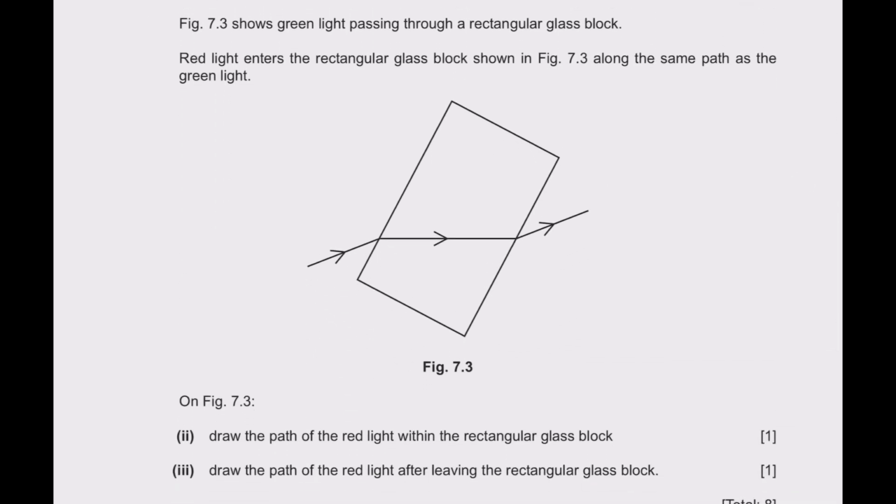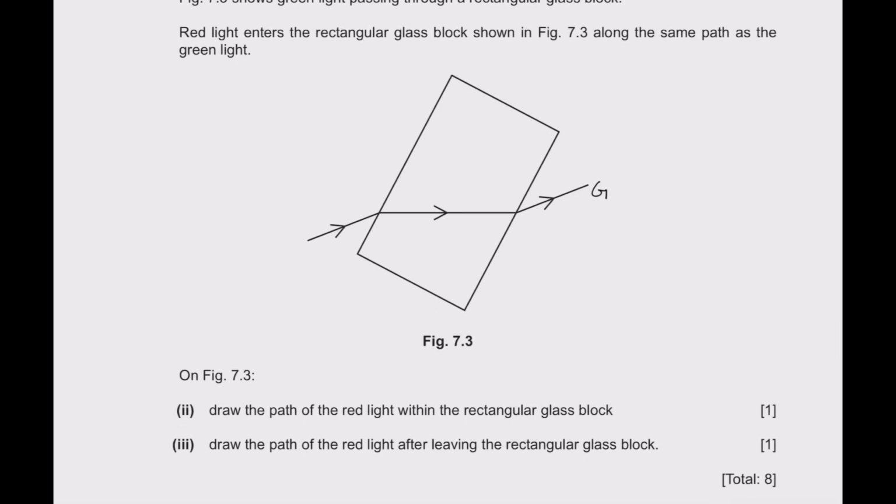Similarly, red light enters the next part, where green light is passing. This is also the green light. Draw the path of red light within the rectangular glass block. That will be the same.